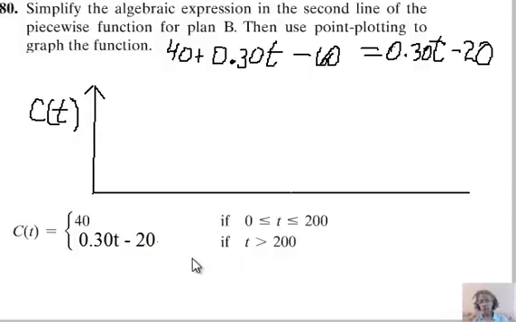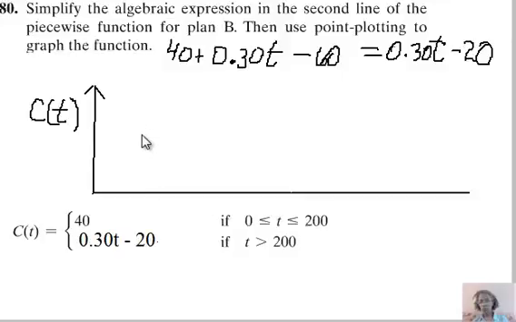Okay, so let's bring that over from the other page. So put in this simplified version of the second portion of the Plan B function.